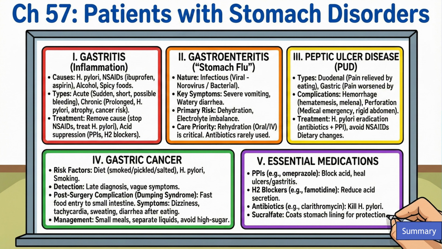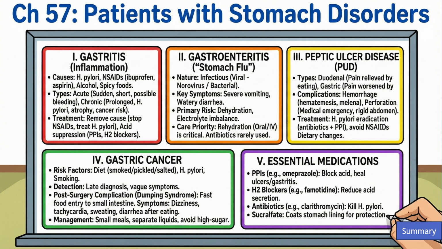The pathophysiology is inflammation of the gastric mucosa, which disrupts its protective barrier, allowing gastric acid to damage the tissue, leading to erosion, bleeding, or ulcer formation. Symptoms can range from asymptomatic to dyspepsia, nausea, vomiting, hematemesis, and melena. Severe cases may present with GI bleeding.